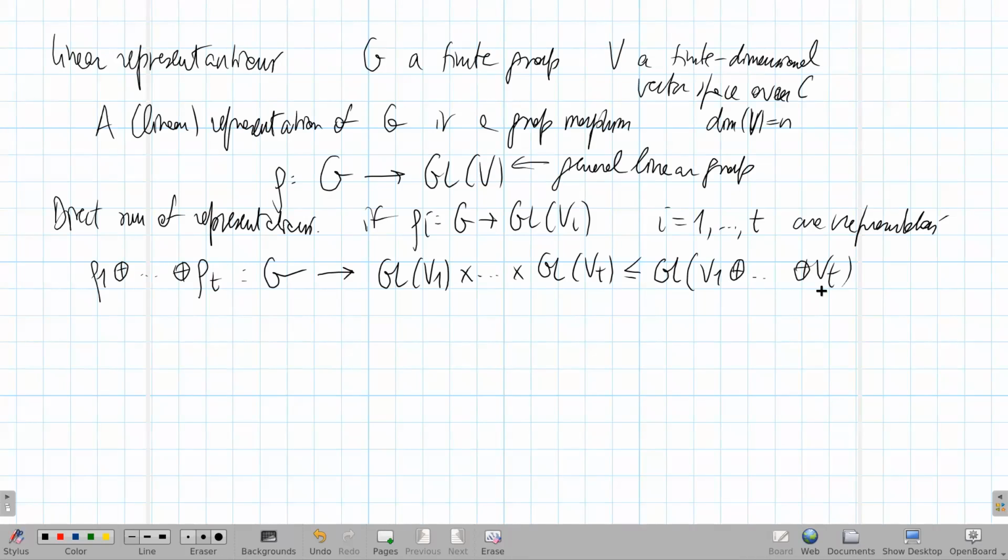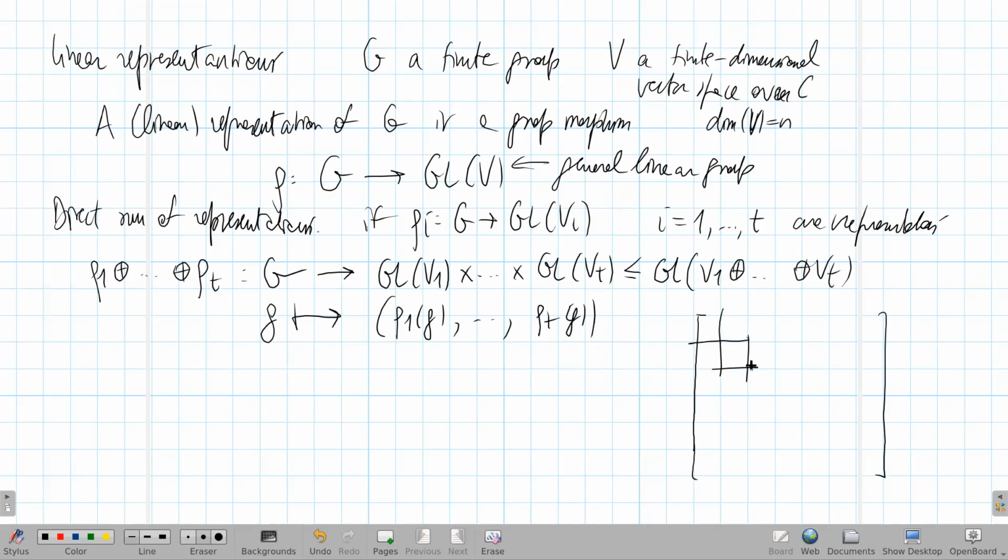Okay, and what does this do? Well, this takes g to the tuple with an element in each one. So in other words, if I have these vector spaces V_1 through V_t, I don't consider all the invertible matrices on it, but I only consider the block matrices.